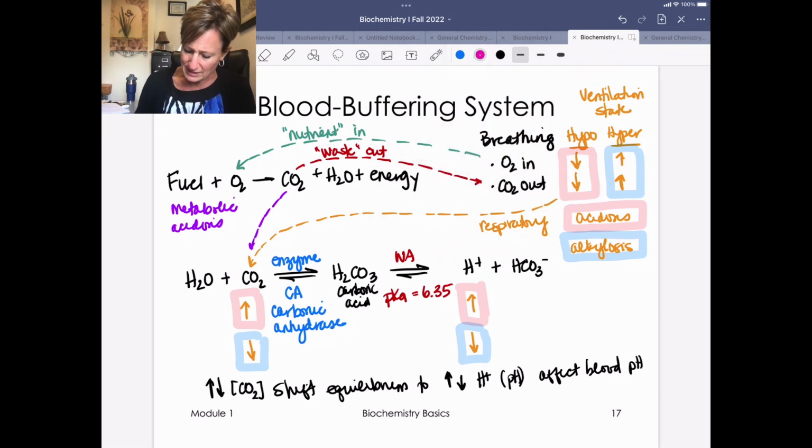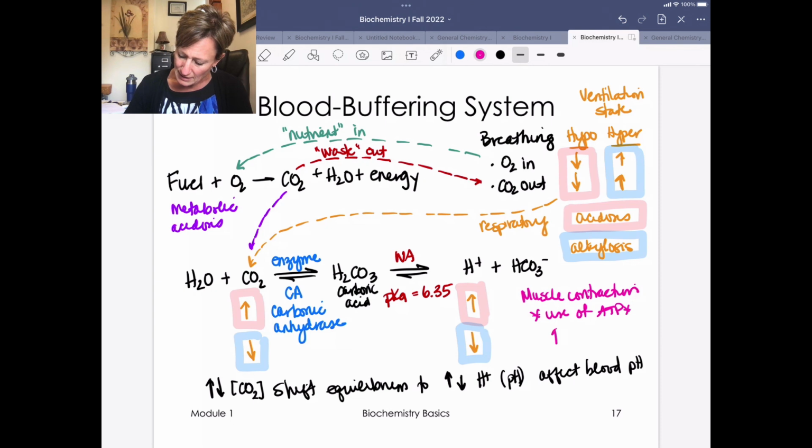One other little piece here. These pink and purple parts are things we're going to get to later. But when we think about muscle contraction, and ultimately the hydrolysis or the use of ATP, the hydrolysis of ATP increases the concentration of H+. So again, that's another way we can contribute to an acidotic state.